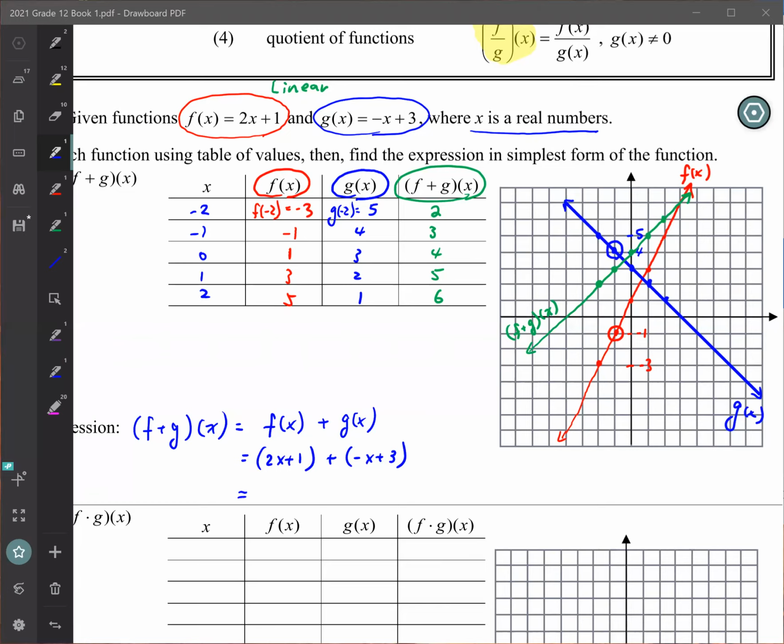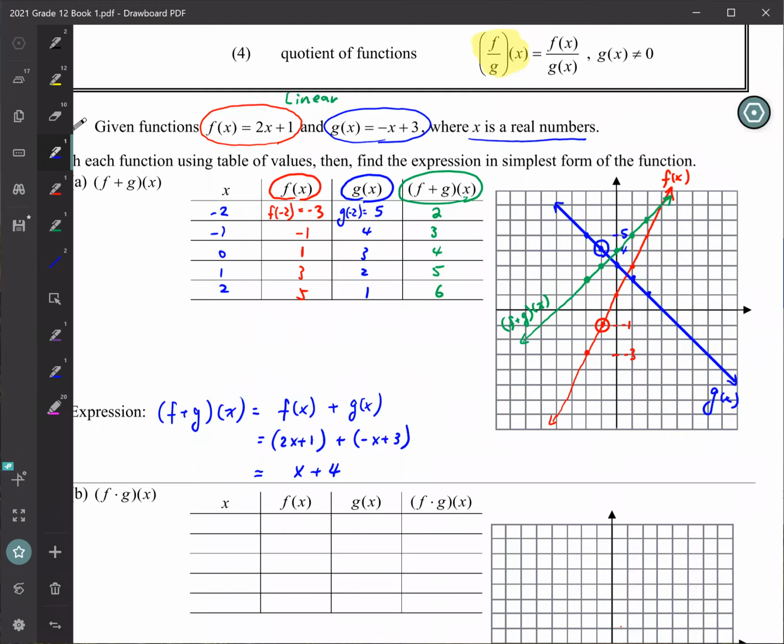Okay, x plus 4. Yes, very good, x plus 4. Does anyone else have a different answer or have a question about how to get that? So f of x plus g of x, you just combine the two functions together. This function is for the green line. So they are all linear.